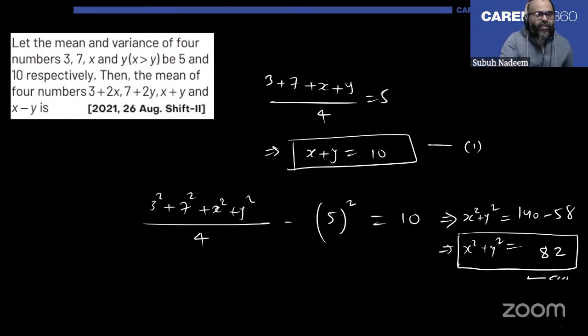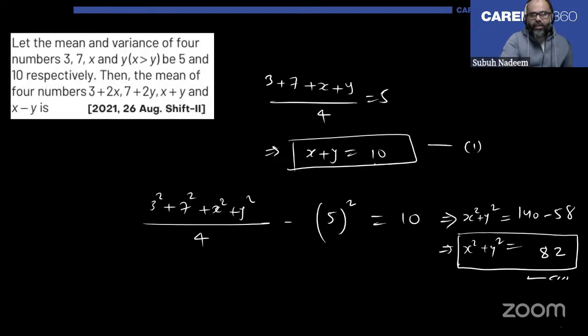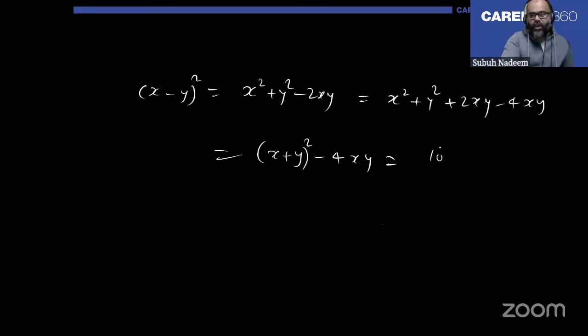And then we have the values of x and y to be found out. So we can say that x minus y whole square is x square plus y square minus 2xy, which is x square plus y square plus 2xy minus 4xy. So it is x plus y whole square minus 4xy. x plus y is 10, so it is 10 square.